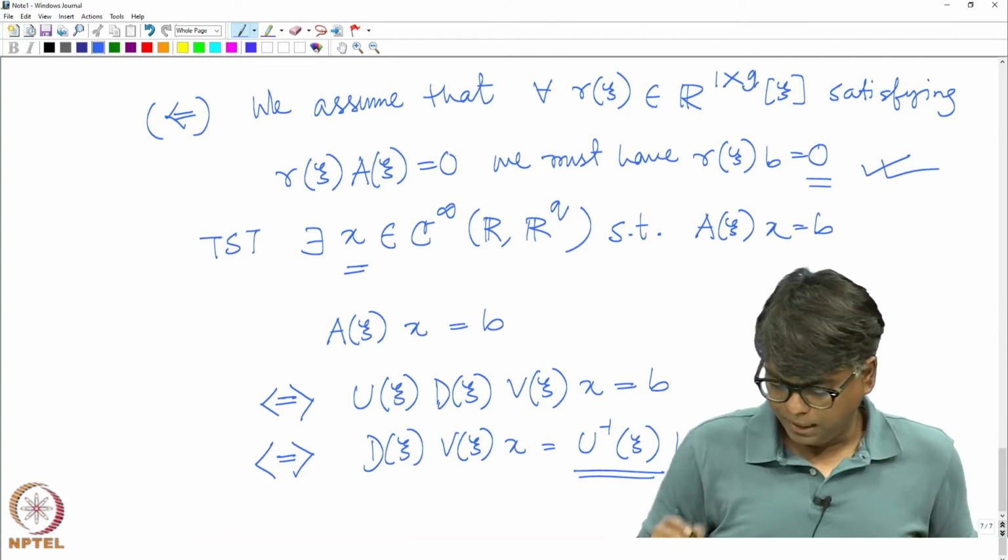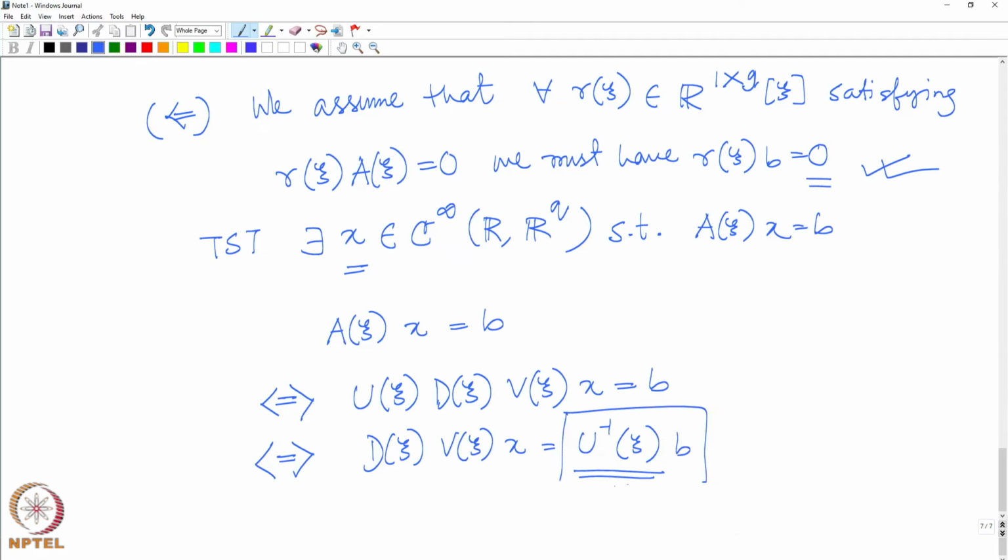We give some new names. We define this guy as b tilde. Now b tilde is a C infinity trajectory of the same size, right?